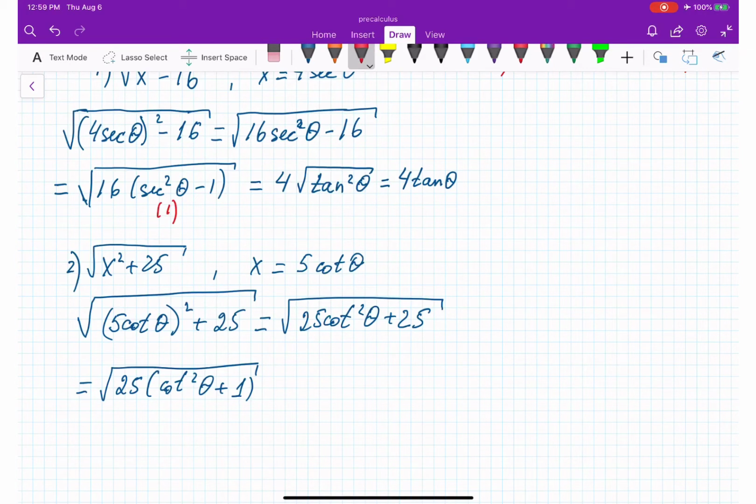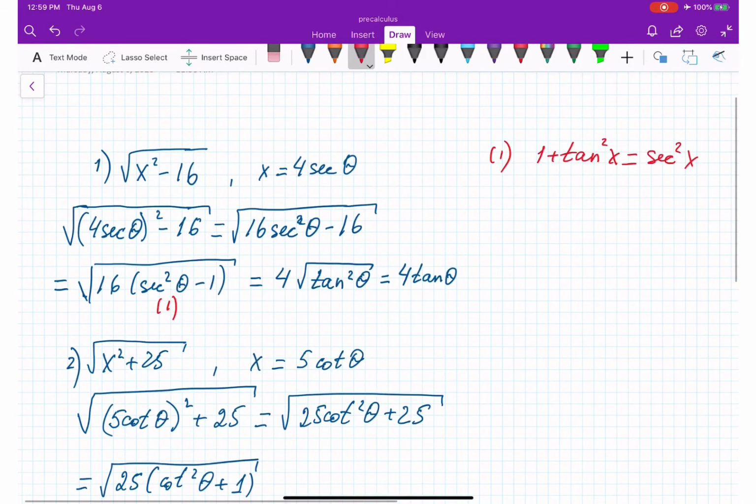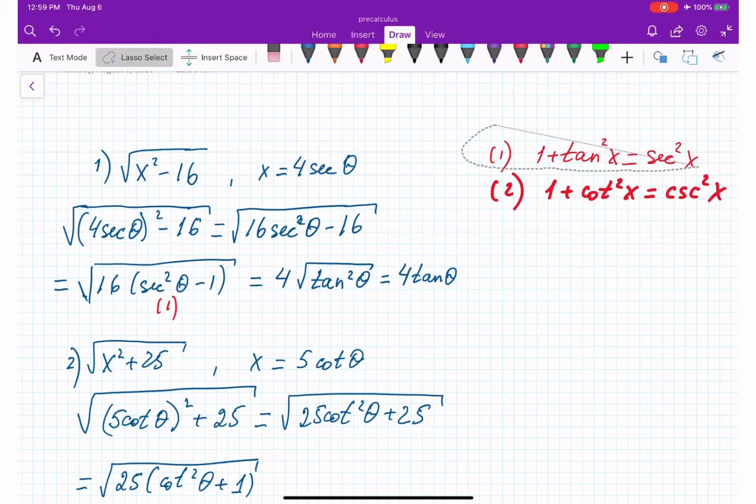Here we are going to apply formula 2: 1 plus cotangent square x equals cosecant square x.